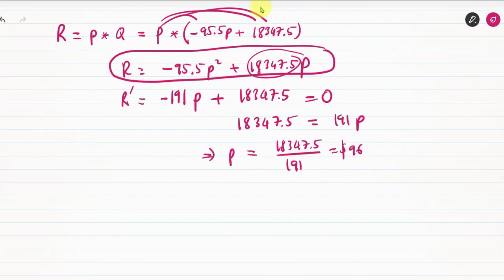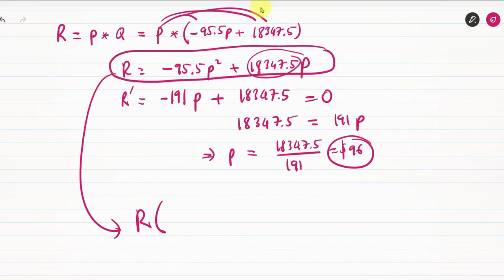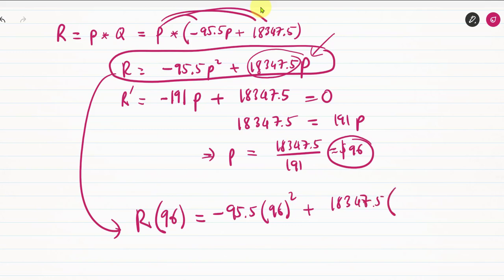So now we know that this is the price to maximize that R, and we want to find what is that actual R value, right? So we plug in 96 to the price P. So minus 95.5 and then 96 squared plus this one here, 18347.5 multiplied by P, and P now is 96 because 96 is the one that maximizes the revenue.